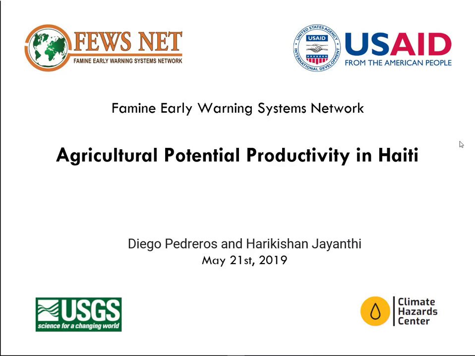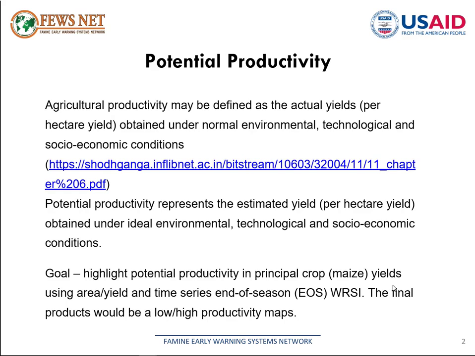Then the potential productivity that we are working on is for maize and is based on WRSI. So the goal would be to produce a map of low productivity and high productivity for the different departments, the level one administrative units in Haiti.